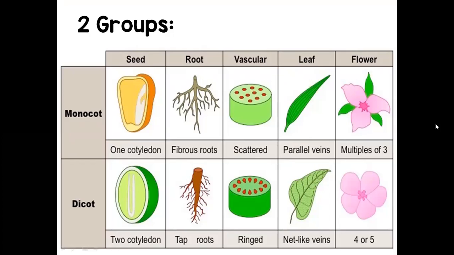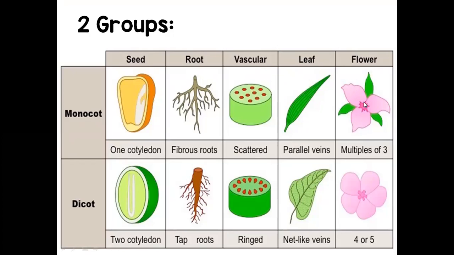So, when I say monocot, these plants have one seed leaf, or cotyledon. Monocots have long, narrow, and parallel veined leaves. Look at the leaf, okay? And the parts of their flowers mostly come in three or multiples of three.